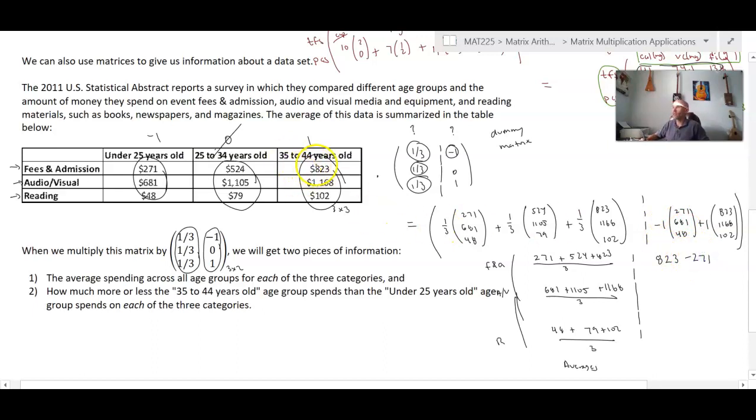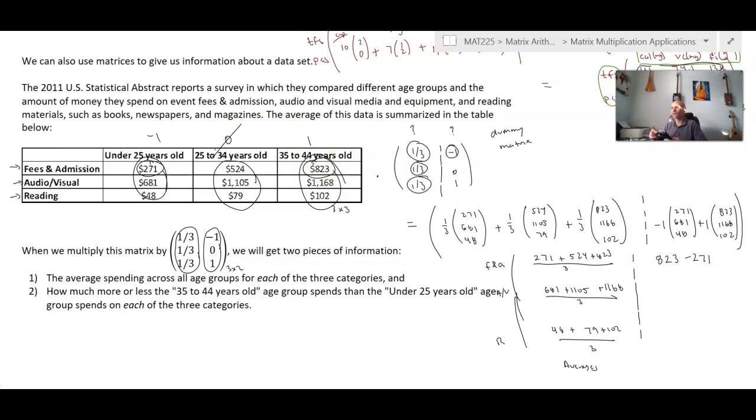So notice that it's just going to be the difference between that value and that value, and 823, just as an example, 823 minus 271 is $552. So on average, a 35 to 44-year-old spends $552 more per year on fees and admissions than does an under 25-year-old.